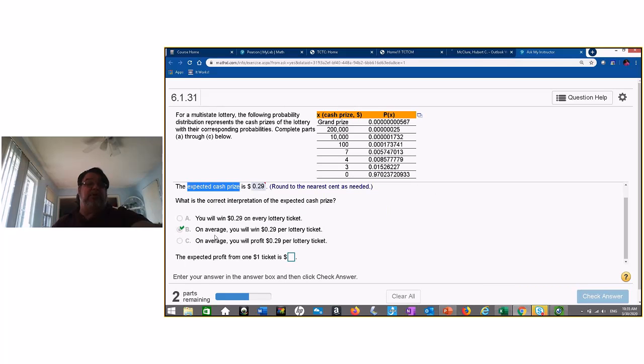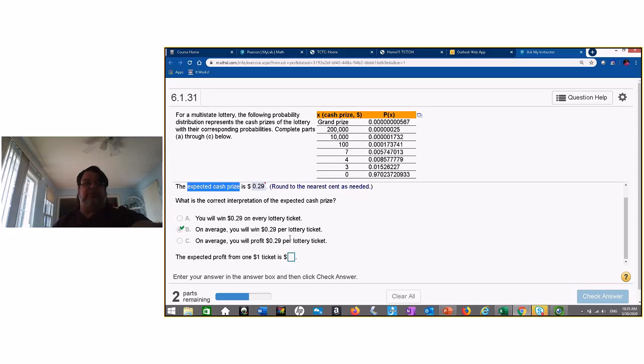On average. Well, what did you just find? You didn't find the expected cash value. That's not right. You found the mean. The mean is 29 cents. The mean is another word for average. So you know this first one, A, you know that's not it. And you're not going to profit off of a lottery ticket.